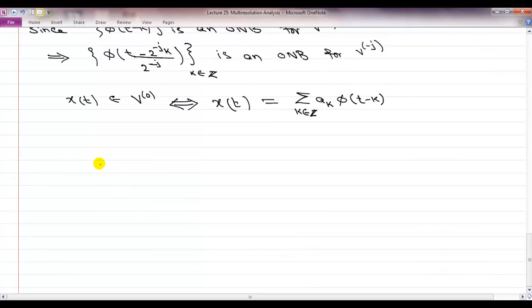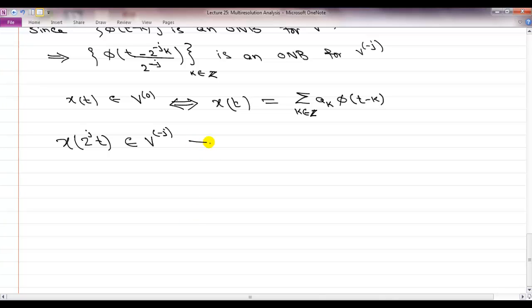Now, we know from the property of the multi-resolution analysis that if I scale x of t by 2 to the j, then this belongs to V of minus j. It's due to the scale invariance property of the multi-resolution analysis.